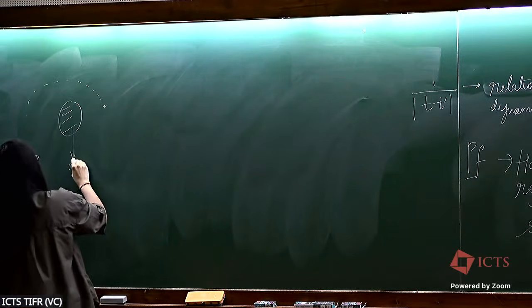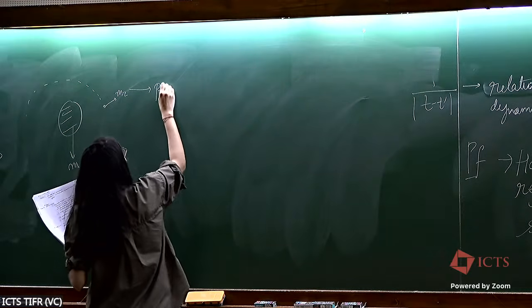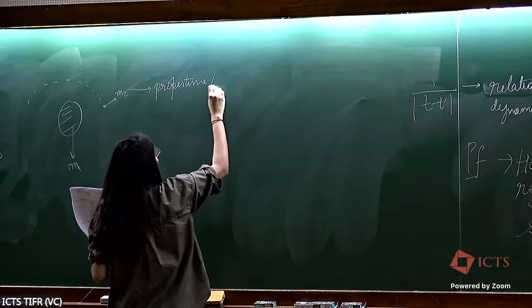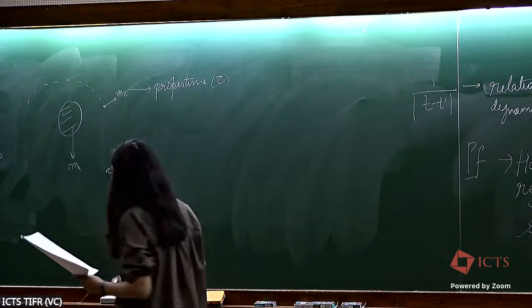This is primary M1 and this is secondary M2. Proper time tau. And if I'm an observer far away, my coordinate time is t.